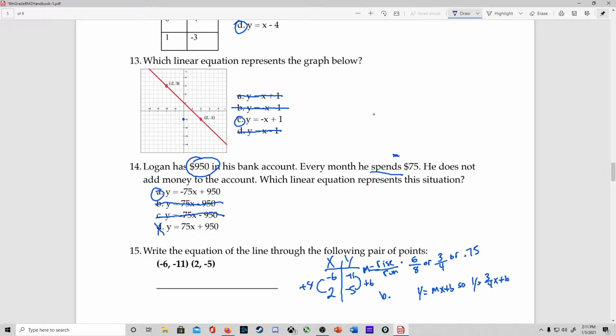And we know an x and y value because it's just one of these pairs. We can choose either one. Let's just choose this one. Then we can find our B value. So now we get negative 5 equals 3 over 4 times 2 plus b. So now if we do this math, we know this is 2 over 1. We just multiply straight across, and we get negative 5 equals 6 over 4 plus b.